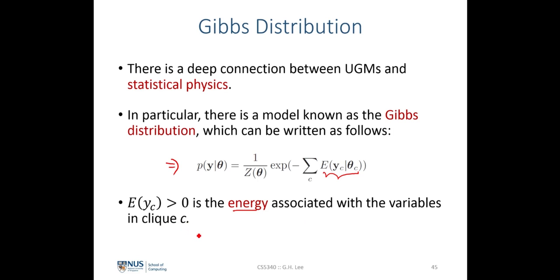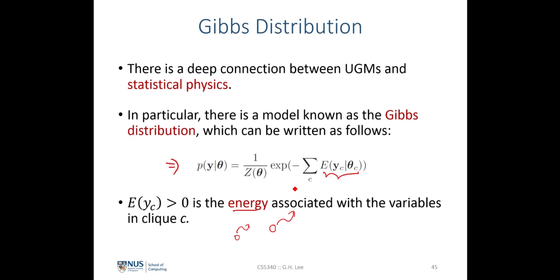In the original use in statistical physics, this represents the energy of a particle in the liquid or in the air, for example, where this particle is randomly moving around. So we will express it using this Gibbs distribution, and the interaction, because when this particle is moving around in Brownian motion, there is a certain interaction between neighboring particles.